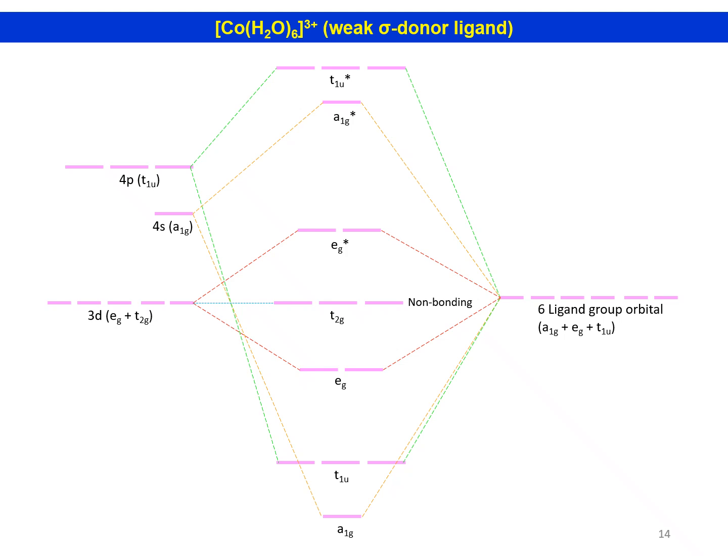So it makes it a weak sigma donor ligand because water would prefer to make pi donation, pi interaction. There is still sigma bonding, but because it can also make pi interaction, water falls under the pi donor ligand. But if you are asked to use water as a ligand and construct the molecular orbital diagram by using the sigma donor molecular diagram, you use the sigma donor molecular diagram.